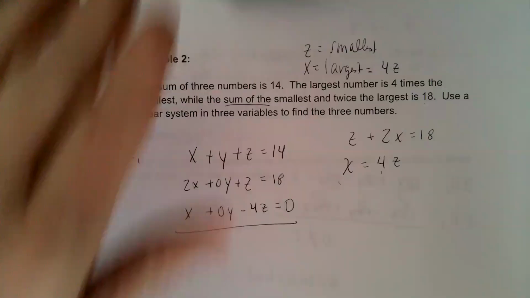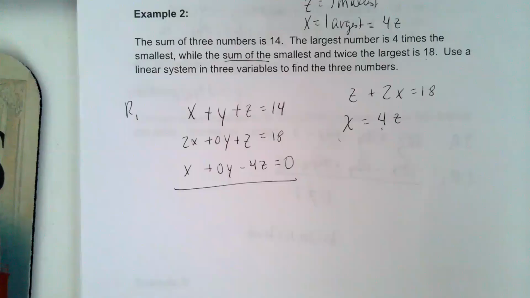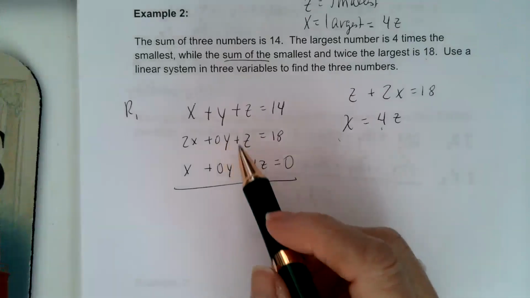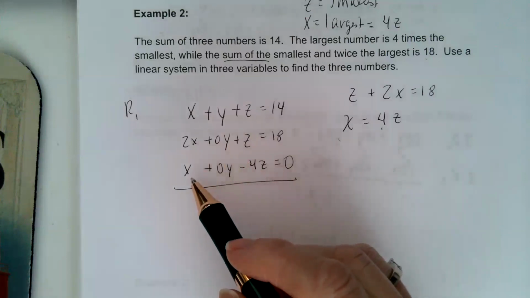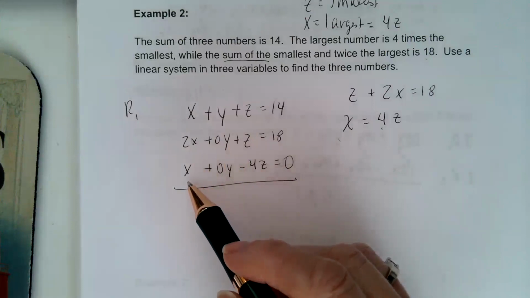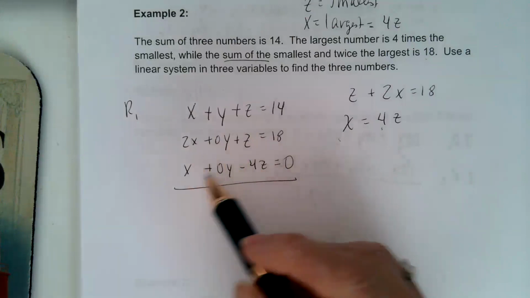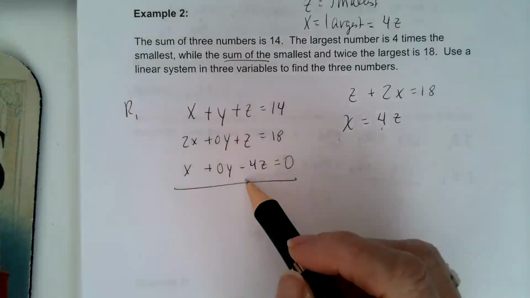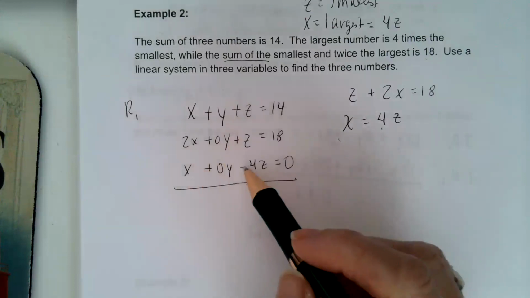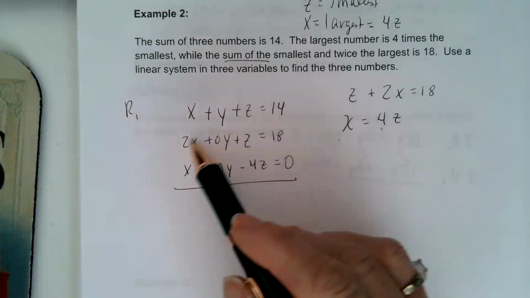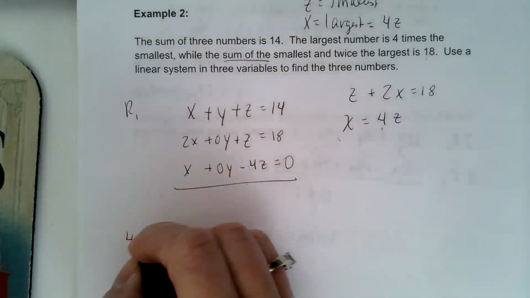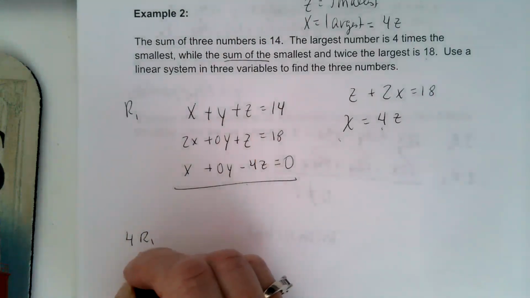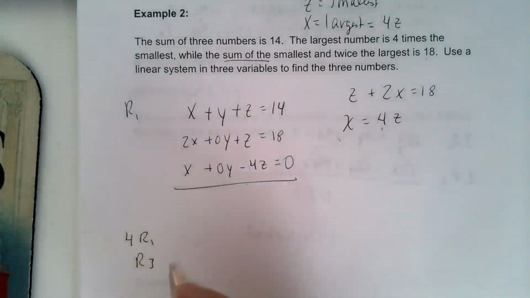So what could we do? Let's eliminate z from all of these. Because we have one negative, we just have to multiply by 4. I'm going to do 4 times row 1 plus row 3.